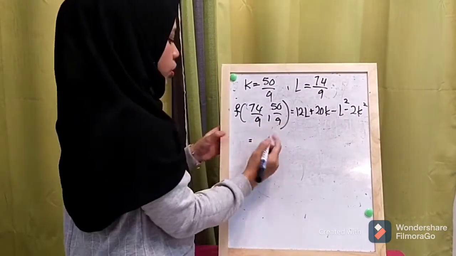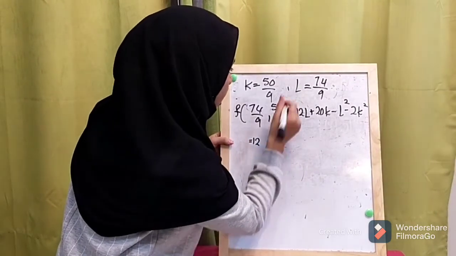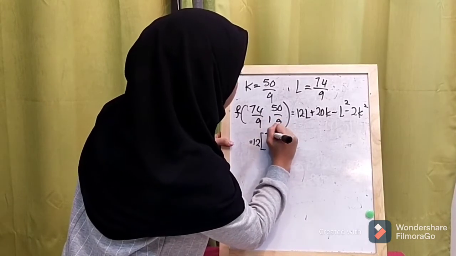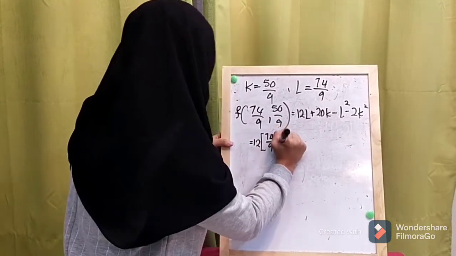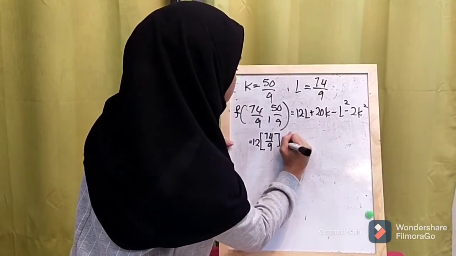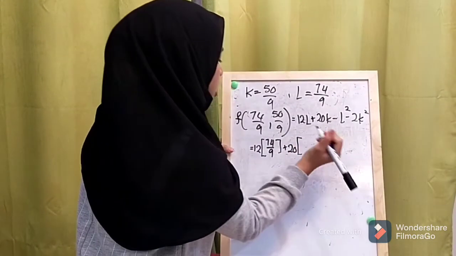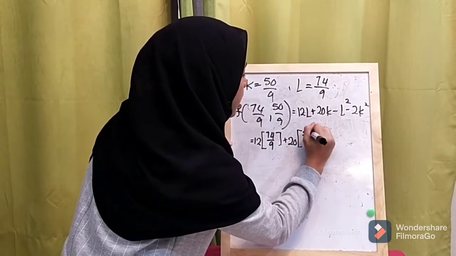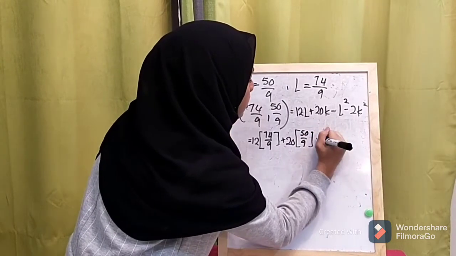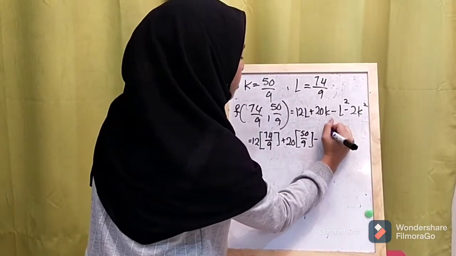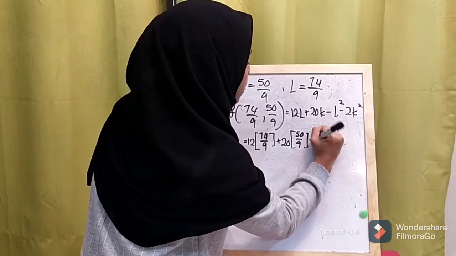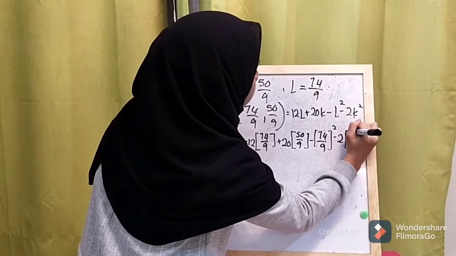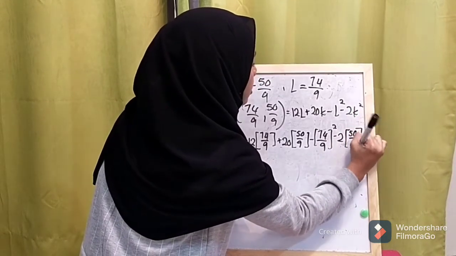So I substitute the L value 74 over 9 for L in 12L, plus 20 with K substituted by the K value that we got just now, 50 over 9, and then minus 74 over 9 to the power of 2 minus 2 times 50 over 9 to the power of 2.